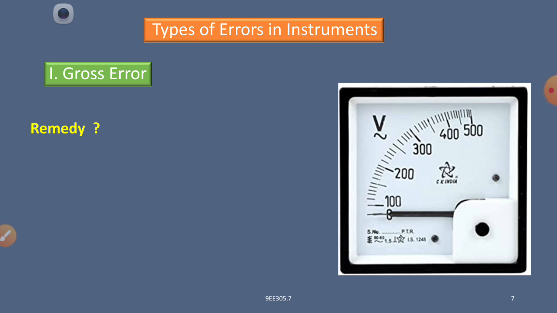Now for a gross error example, here we take the voltmeter. Instead of taking an accurate reading, here we can see from 0 to 100 there is no scale on this one. So in that condition you have to be very careful. Suppose I want 52 volts, it is not possible in this case.